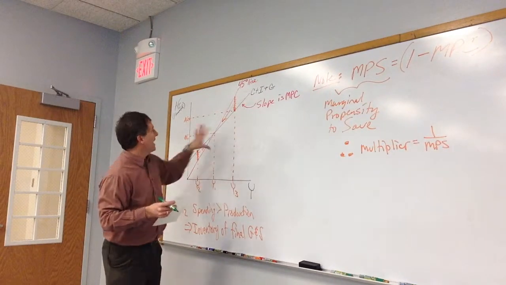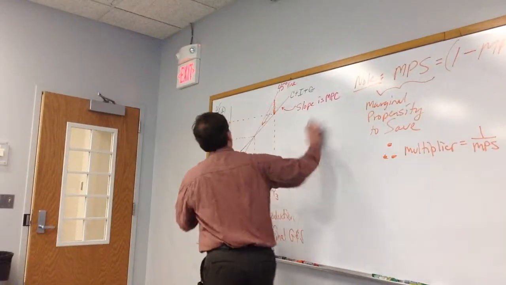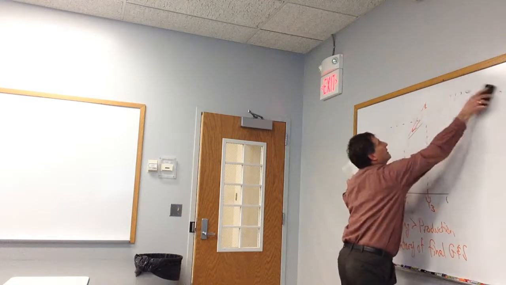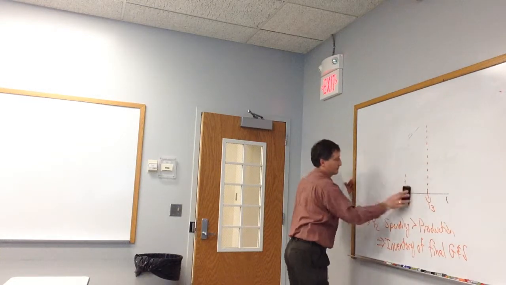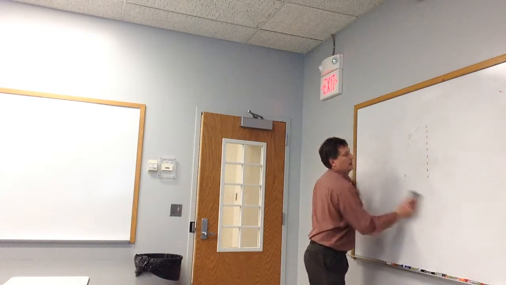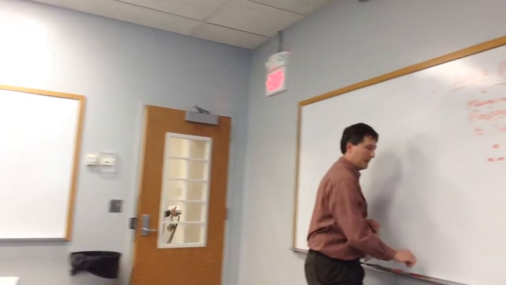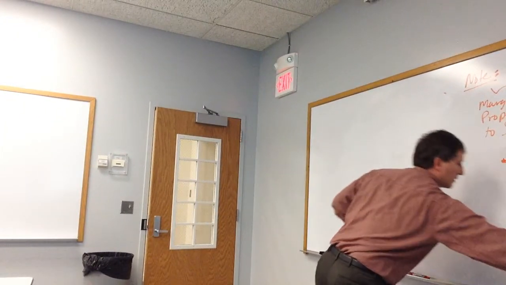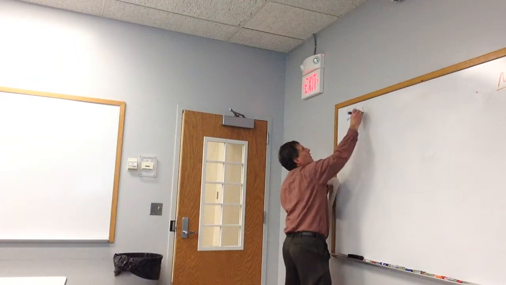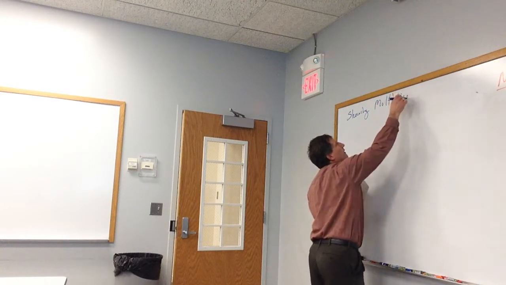What happened graphically? So I'm going to erase this. We want to keep this inventory business as kind of a separate deal. So showing the multiplier graphically.